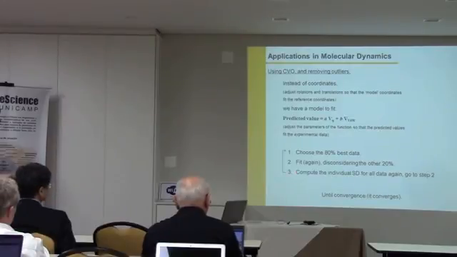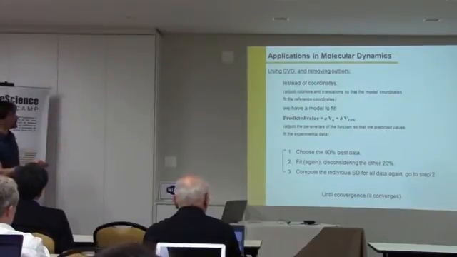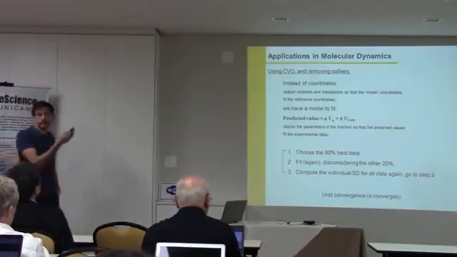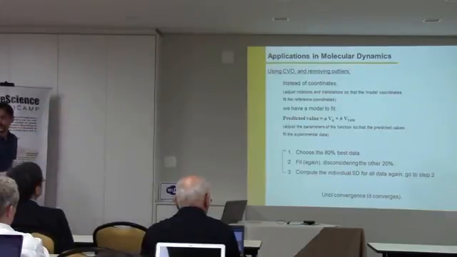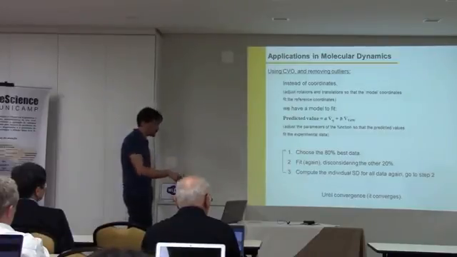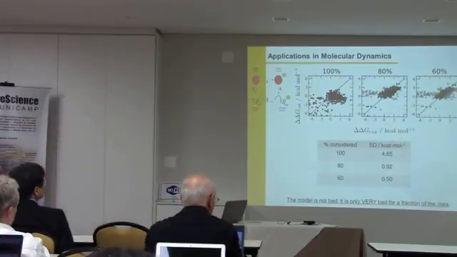Then for this new model fitting, we are going to recompute which is the subset of the data which is best fitted by the model, and again choose the 80% best data, fit again, disregarding the other 20%, and so on. So we are doing the same kind of thing we have done for structural alignment of proteins in another context. This is a convergent value optimization problem in the same sense.